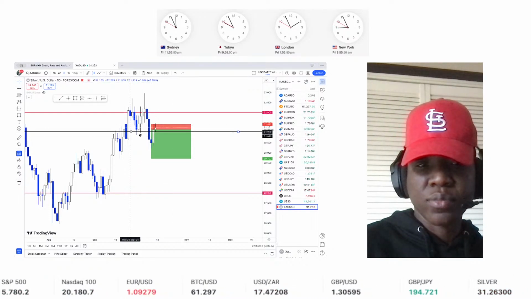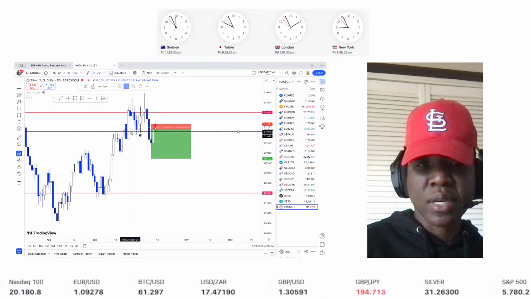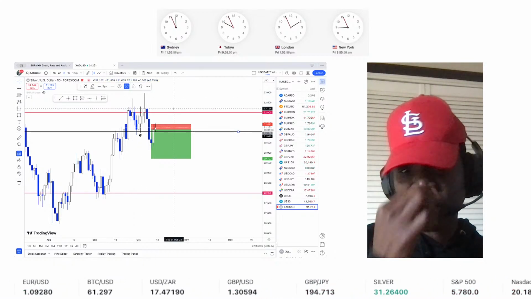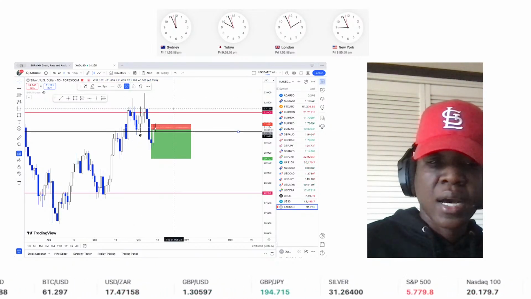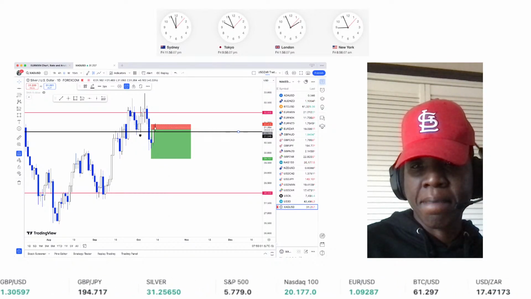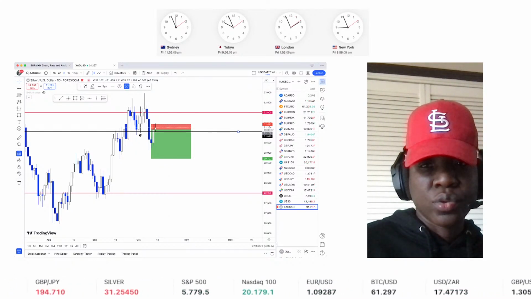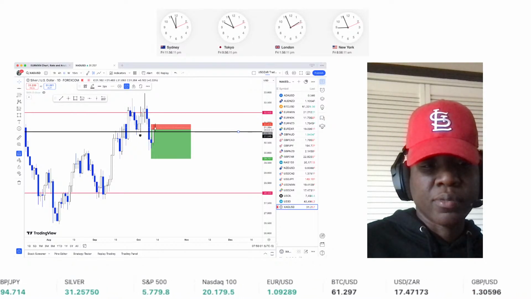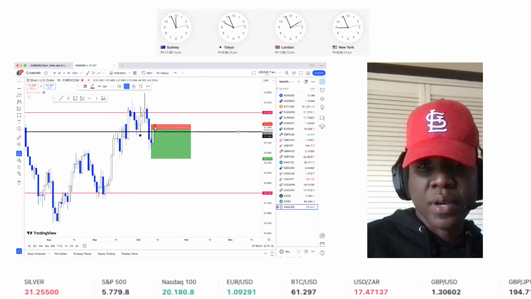I could move this a little bit, but sometimes it'll get triggered in TradingView if it's not there. I'm just going to open another position on Euro Mexican peso.